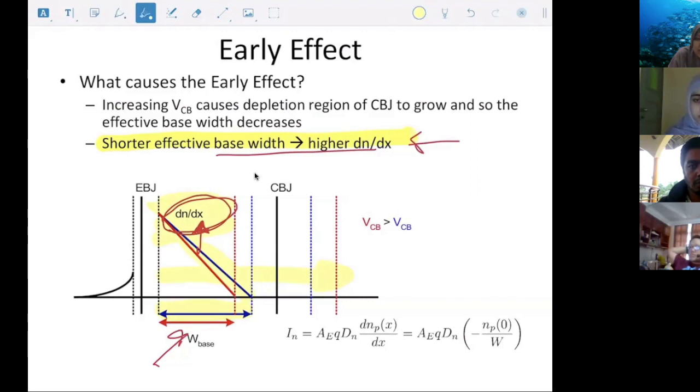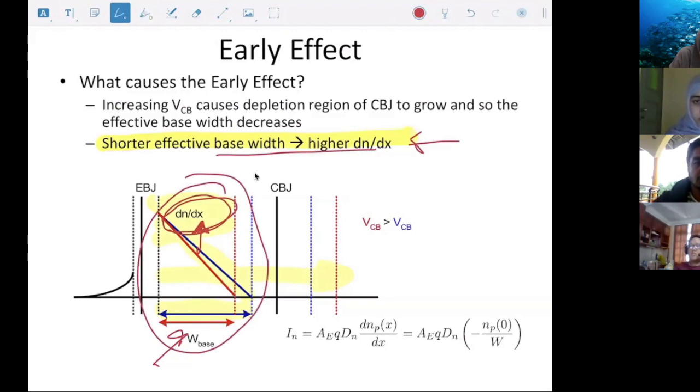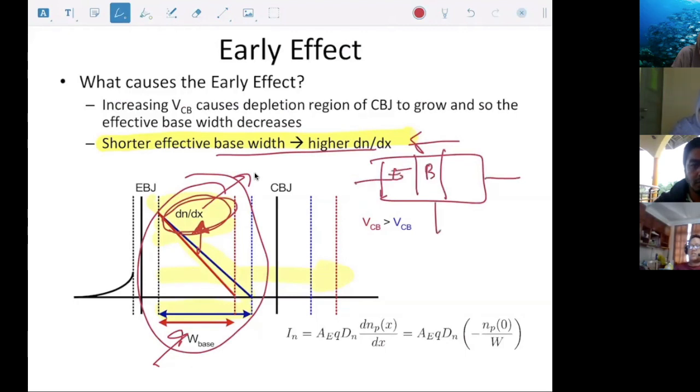So what happens is, when the base width becomes smaller and dN/dx increases, it increases the diffusion current from the emitter to the base.